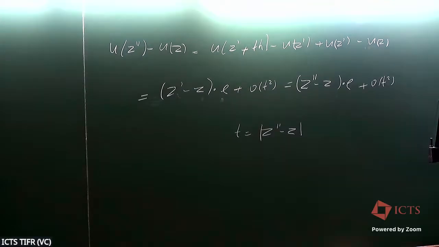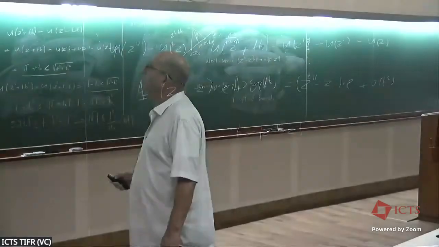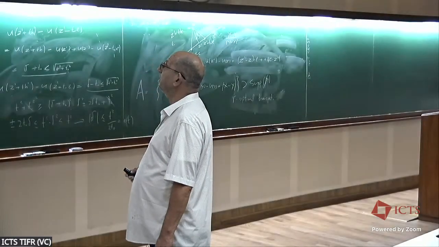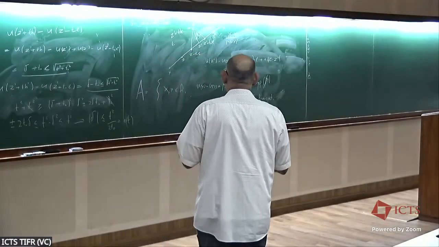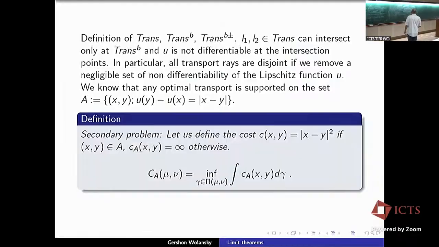Okay, so when we have this result, we can now move to see the geometry of this business. So we can look at intervals, what we call transport rays. What is a transport ray? For each two points in A for which this equality holds, we consider the maximal interval containing the segment between x and y on which this equality holds.